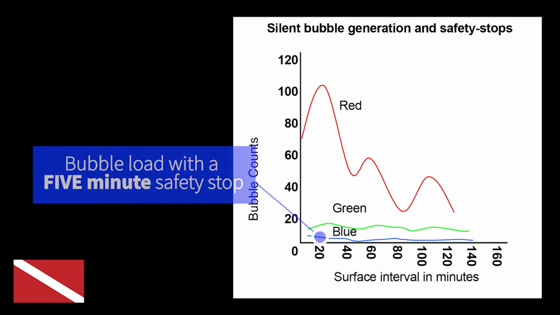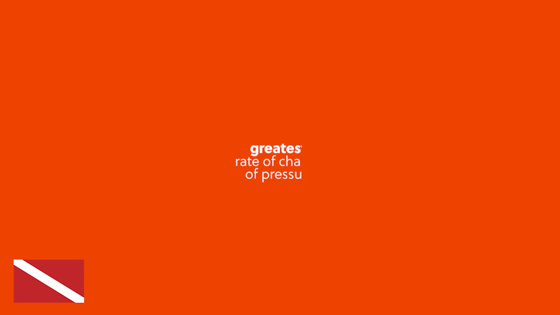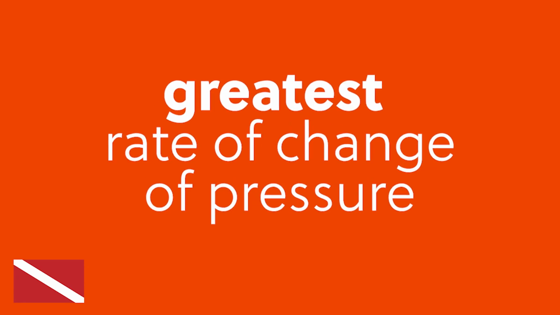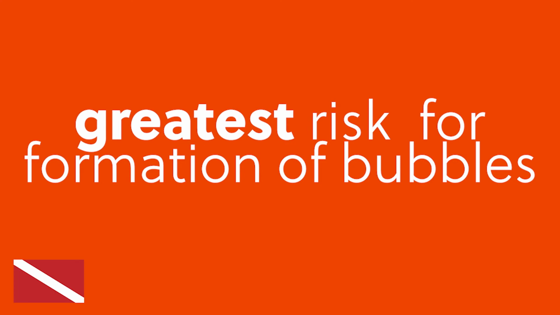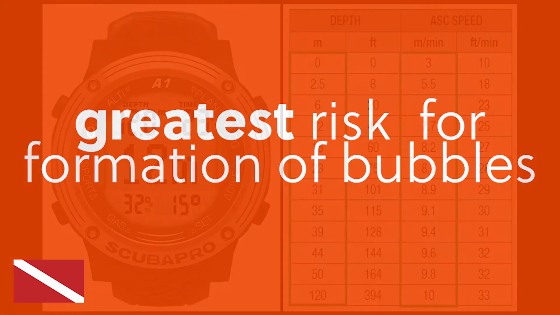And yet, if you look back at the graph that shows the reduction in bubble generation that can be brought about with a 5-minute stop, you would be hard-pressed to defend why you're not doing one. It stands to reason that the greatest rate of change of pressure, and thus the greatest risk for the formation of bubbles, occurs the closer we get to the surface.